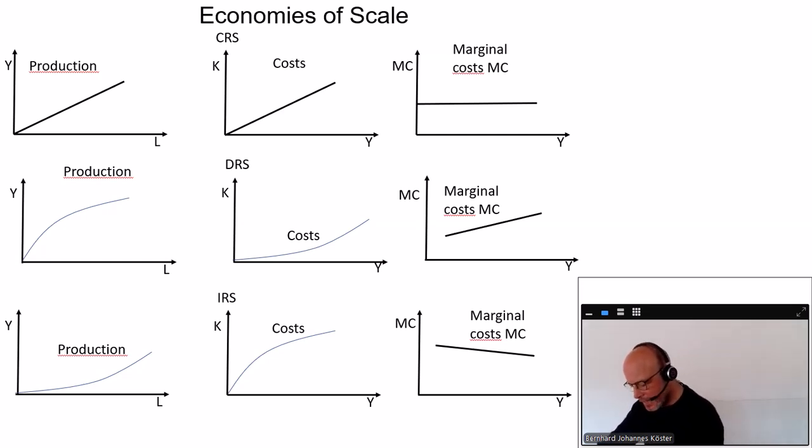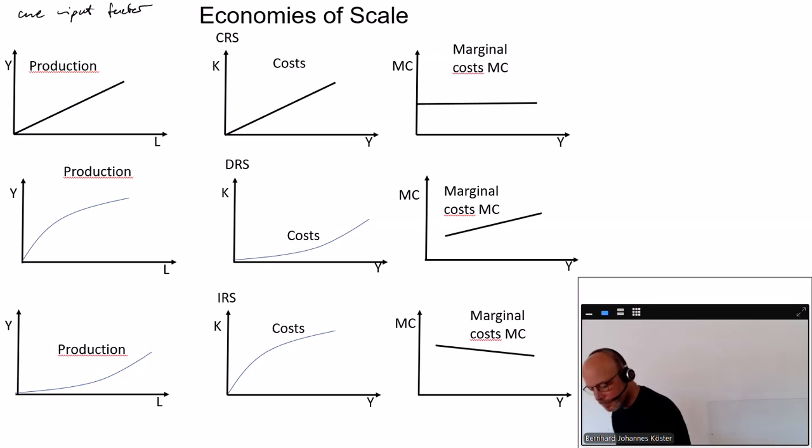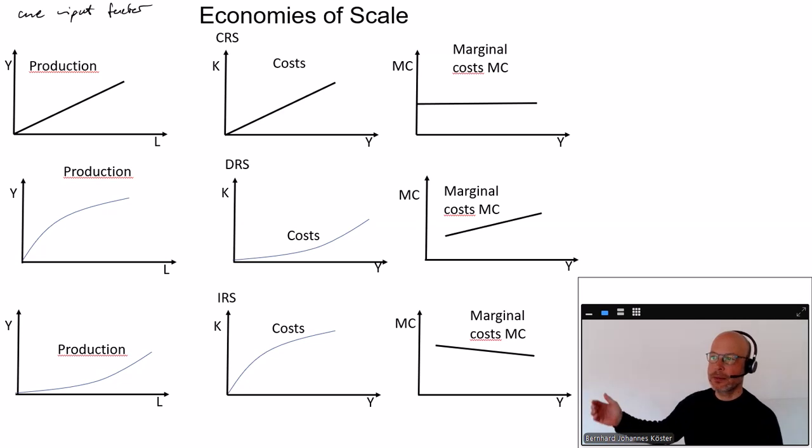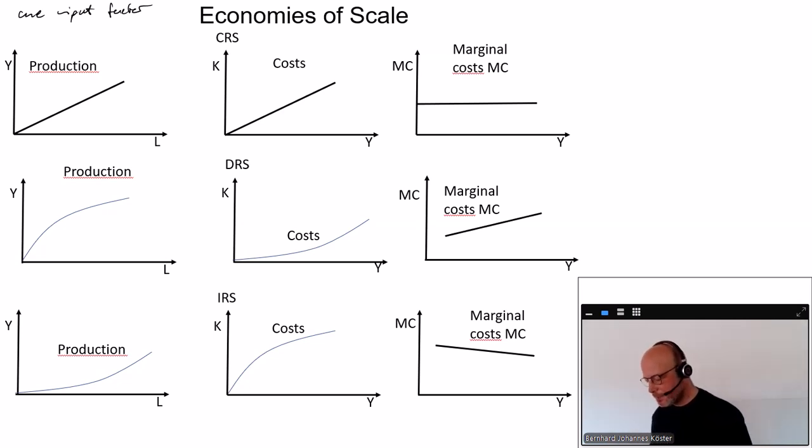So again, assume we have only one input factor. Then this would mean, remember the Ricardian model, we have a linear production function. We have also a linear cost function, because it's just the inverse. And of course, if we have a linear cost function, the first derivative is then a constant. So we have a horizontal marginal cost function.